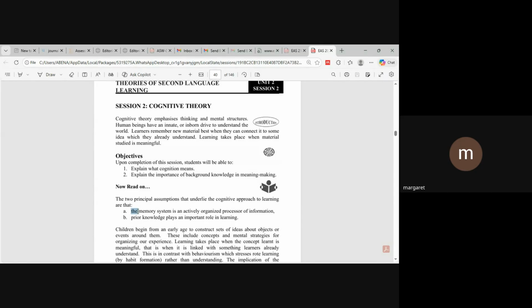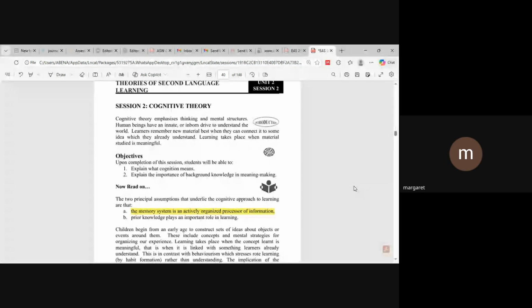The learner has a memory system, wired in their brain, and it helps them to process information. So they don't need you to repeat the action before the child will process the information. They have the ability inwardly to learn and process the information.